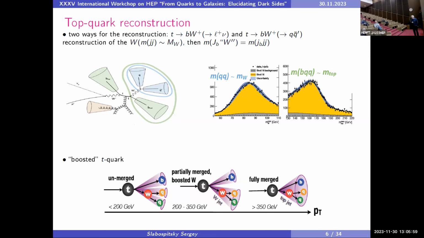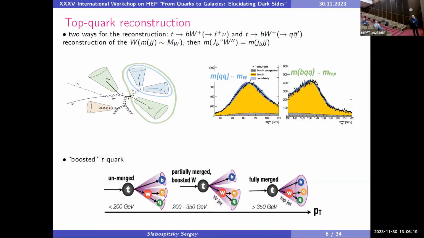And this is the explanation why, if we wish to reconstruct or measure top quark mass or the quark width, we cannot use traditional methods. Let me remind you that we cannot reconstruct explicitly the momentum of the B quark.